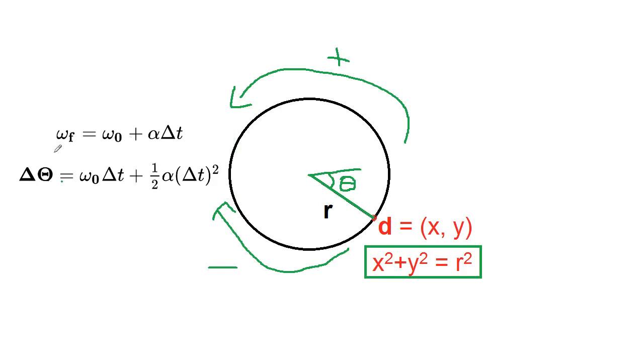This first one is saying that the final angular velocity is equal to the initial angular velocity plus the angular acceleration times the change in time. And this bottom one here is saying that the angular displacement is equal to the initial angular velocity times the change in time plus 1/2 the angular acceleration times the change in time squared.